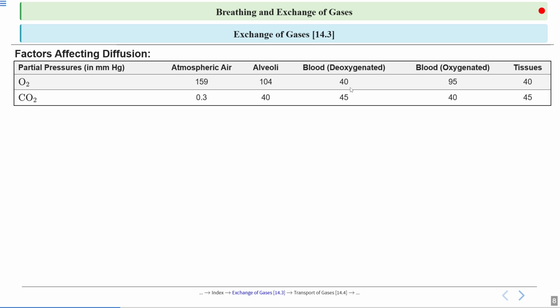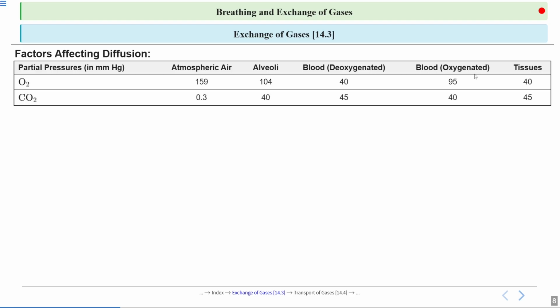That is, the partial pressure of oxygen in the deoxygenated blood is 40. For carbon dioxide, it is 45. The partial pressure of carbon dioxide in the deoxygenated blood is 45. And see, very less difference, 40 and 45. Still, there is an exchange of gases taking place.